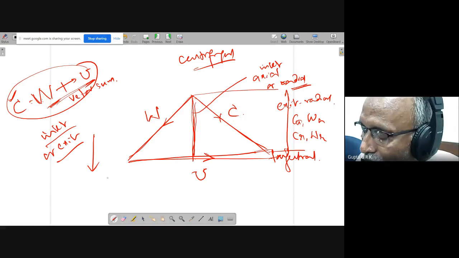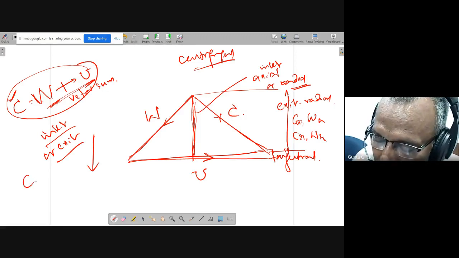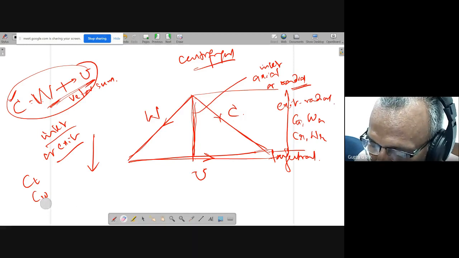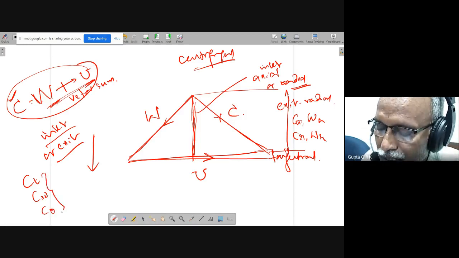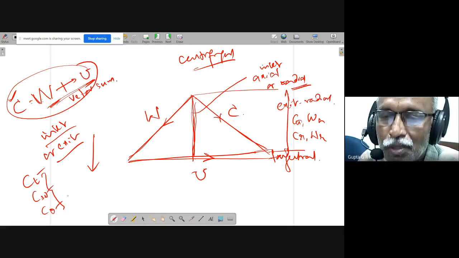In the same way for the tangential component, it depends on what terminology you use. Some books write CT, some CW, some C theta. These are the different terminology they use. For tangential, some books use T, some use W, some use theta.